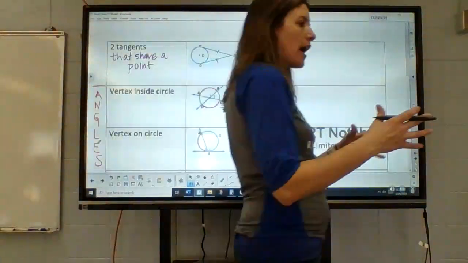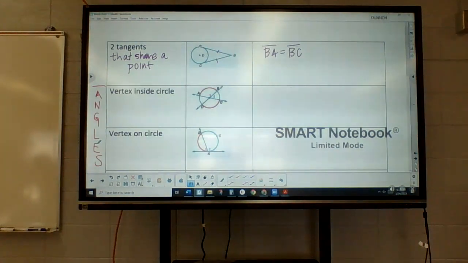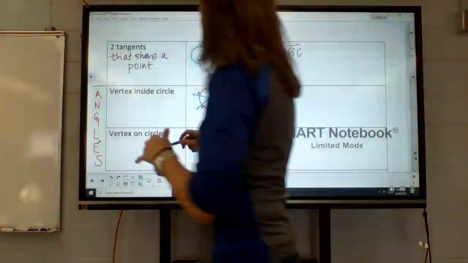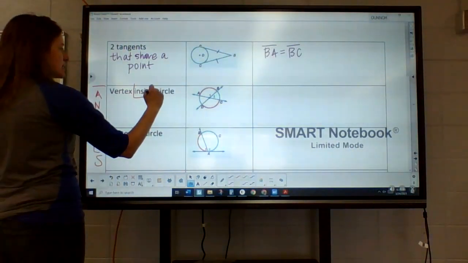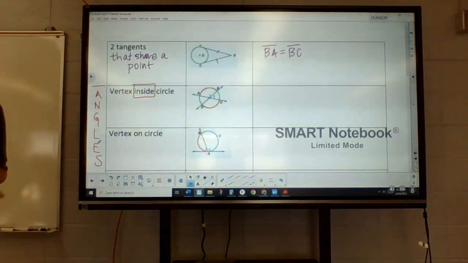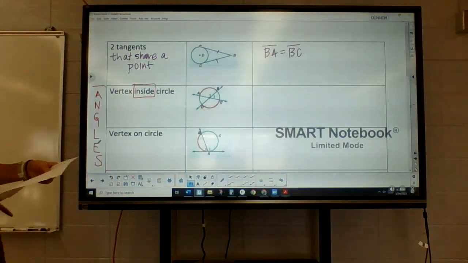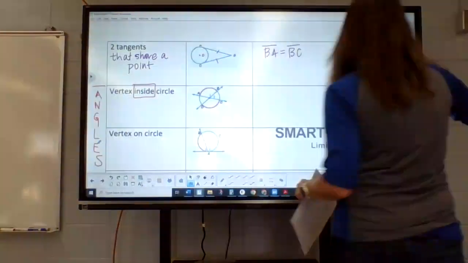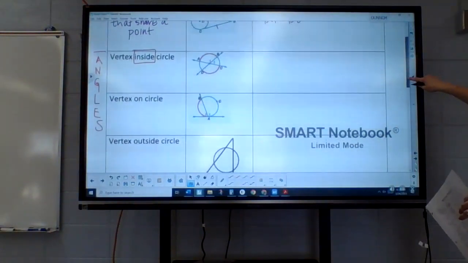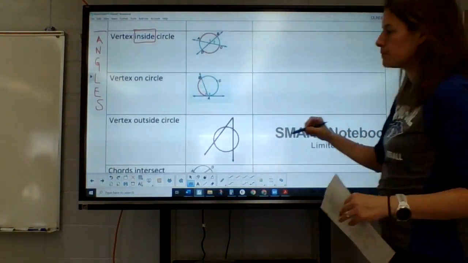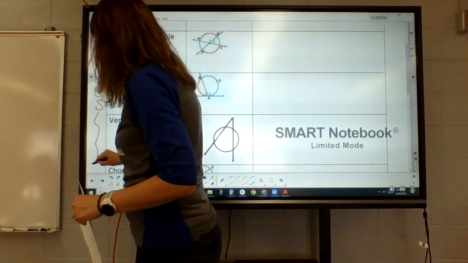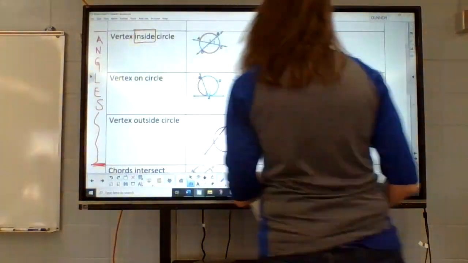This is where we talk about inside, outside, and on the circle. So if the vertex is inside the circle, we have a formula for this. Again, this goes to angles to this point. That's where we'll stop today.